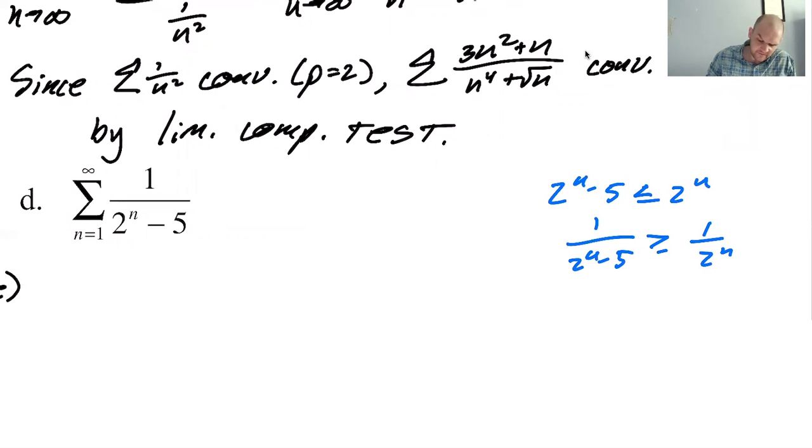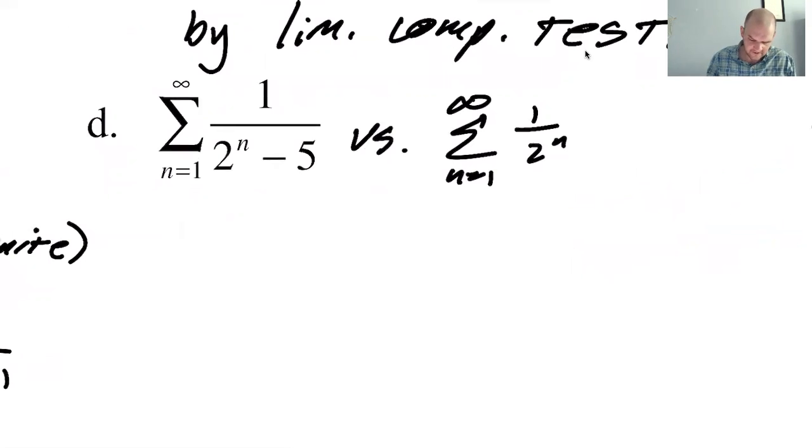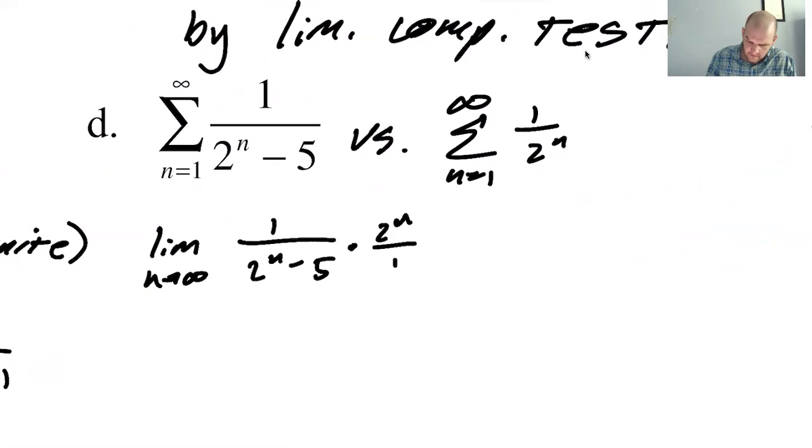What I'm going to do is compare it to 1 over 2 to the n, because it basically looks like 1 over 2 to the n. So then we have to do this. I'm going to do 1 over 2 to the n minus 5 divided by 1 over 2 to the n, but I'm just going to write times 2 to the n over 1.